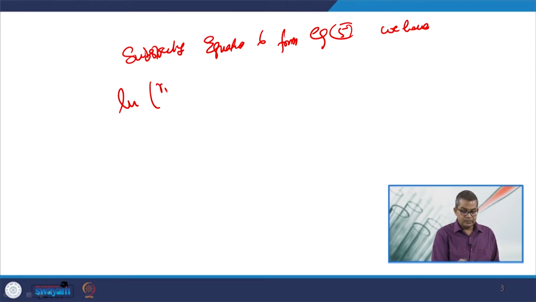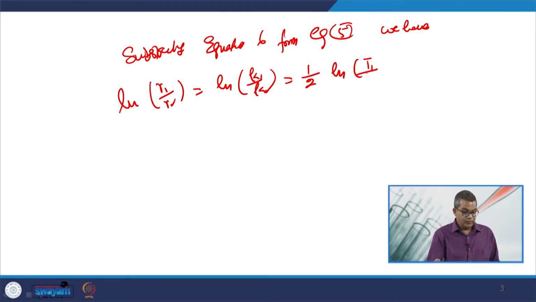ln R1 upon R2 is equal to ln K1 upon K2 is equal to 1 upon 2 ln T1 upon T2 plus E upon R (1 upon T2 minus 1 upon T1).